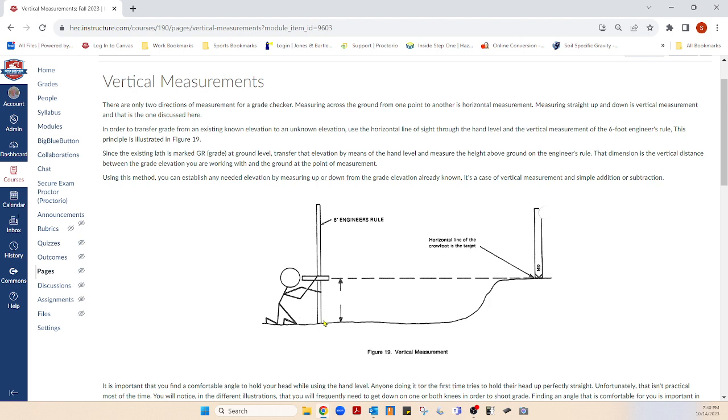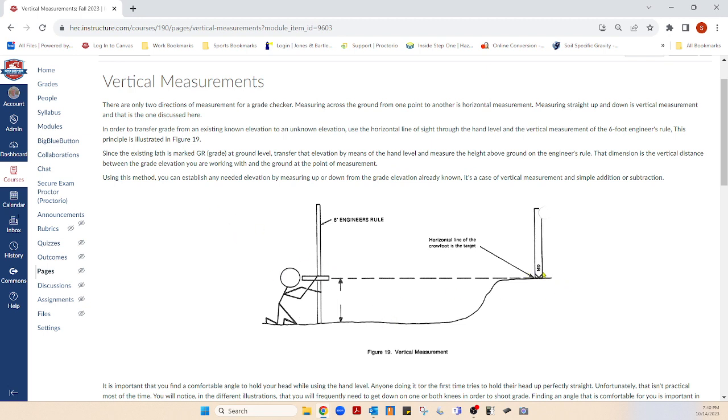So the distance from here to here will have to be measured. He can draw a line right here. And the distance here measured up to here, let's say he read 3.0, but the distance here is 2.5. He would have to put fill 0.5 feet to be at the grade he wants.